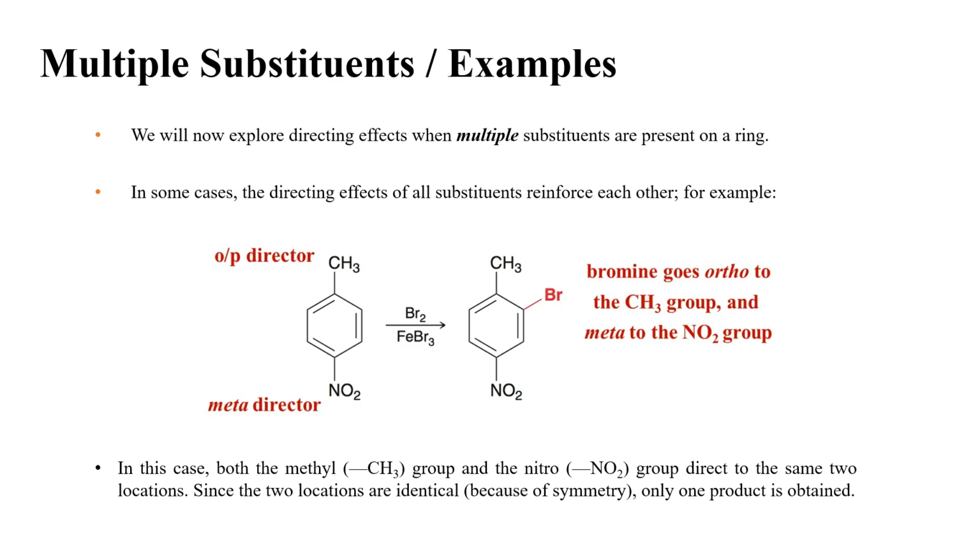The Br is going to add at the exact same spot. They direct the electrophile, in this case the Br, to be at the same location, which are these locations right here. So this is a pretty easy synthesis, because these groups are pretty much going to direct to the same exact position.